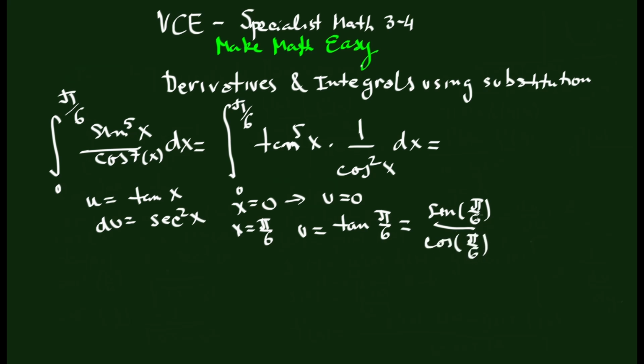Pi over 6 is the smaller one, it's between 60 degrees and 30 degrees. So it's the smaller one, then the sine is smaller.